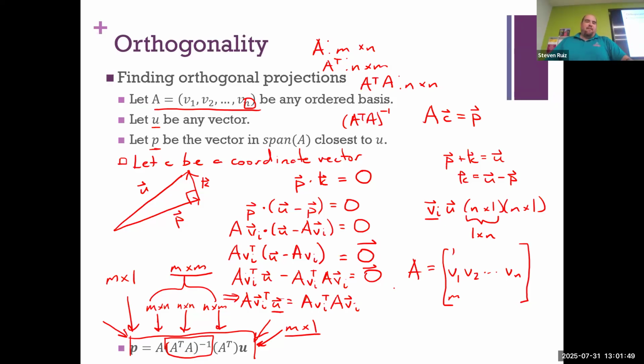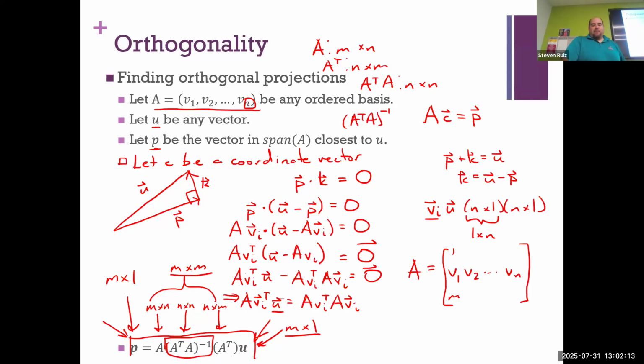A is the matrix that contains all the basis vectors of which P is spanned by. So basically all we've done in this section so far is develop where this thing comes from.